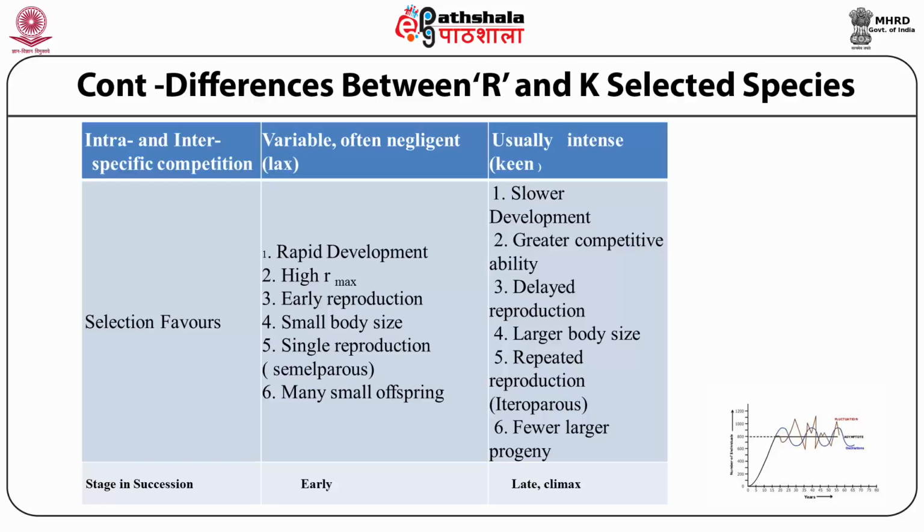In case of R-selected populations, the body size is generally small, in contrast to the K-selected, which are generally larger in size. The R-selected species are semiparous and show single reproduction, as we have stated in this module, whereas K-selected populations are heteroparous and show repeated reproduction.